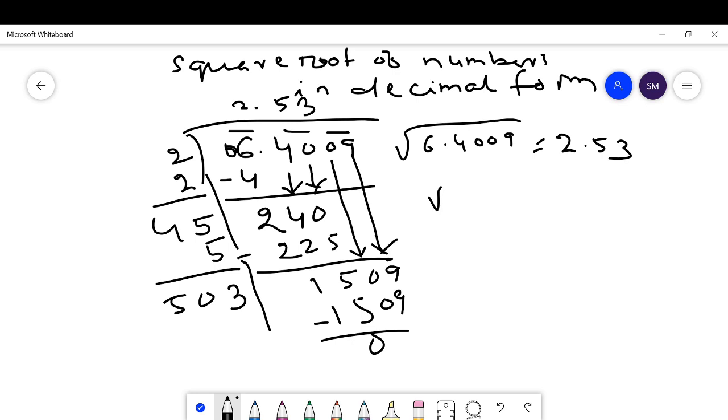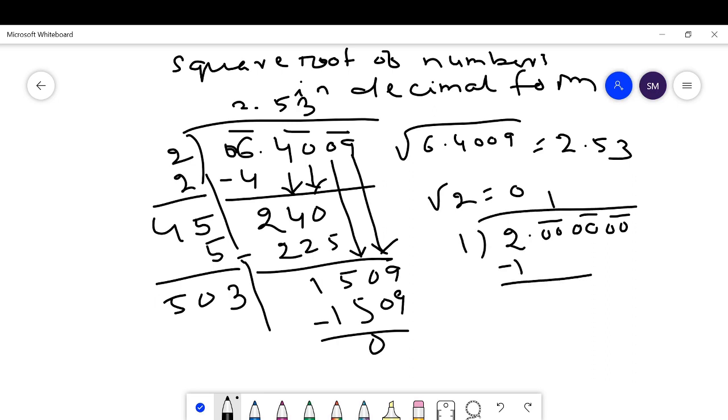Look here. Find the value of root 2, correct up to 2 decimal places. Root 2.0000000, like this. Make pairs. And 1 1 is 1. Then 1 plus 1 is 2. This is 1. Then come down the pair 100.